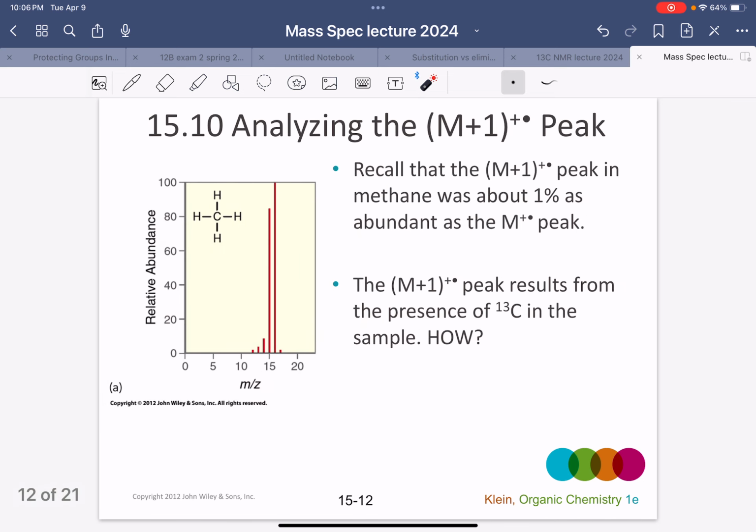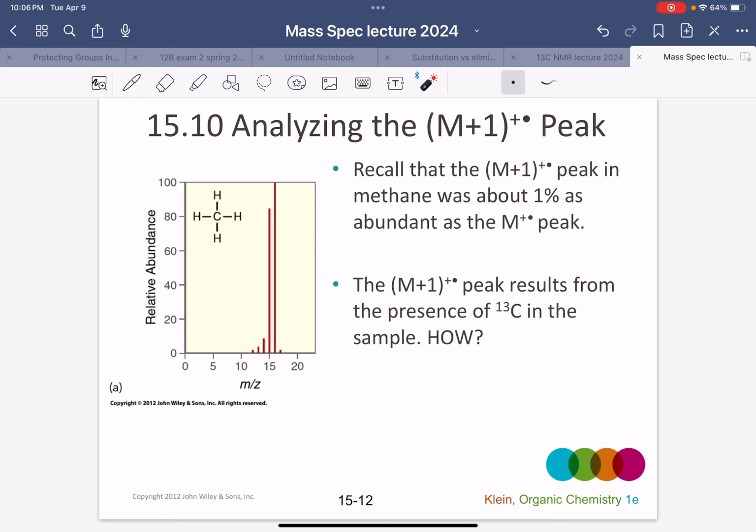All right, so let's take a look at the M plus 1 peak. Now, I've been assuming that everything is carbon-12, and for the most part it is. Carbon-13 has a natural abundance of about 1%.